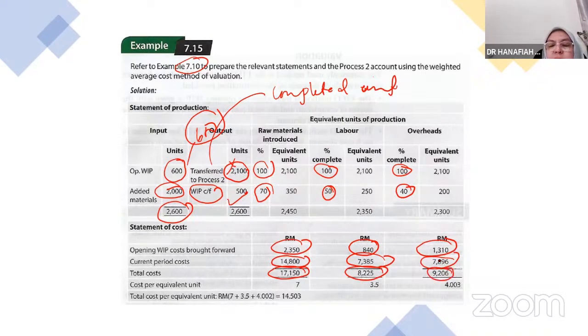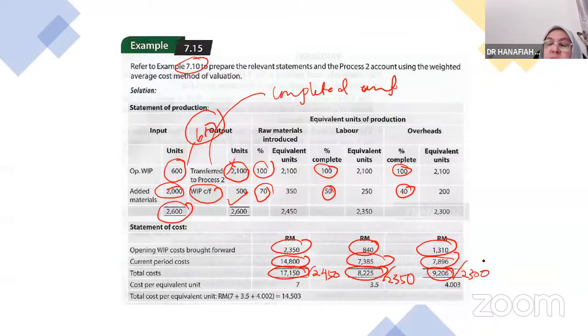Once you get the total cost, you divide into 2450, 8225 you divide to 2350, and 92 you divide into 23100. That is slightly different.